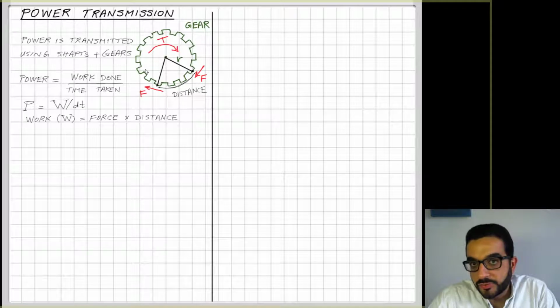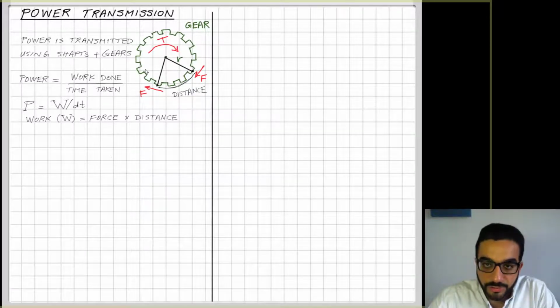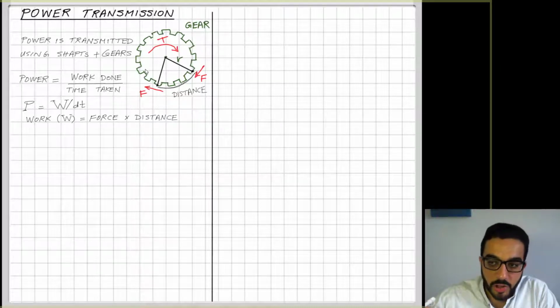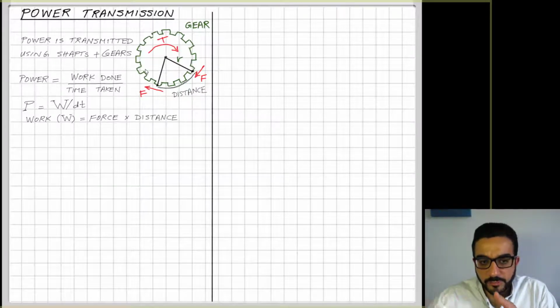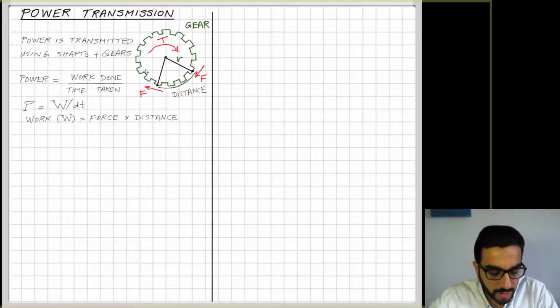The force in our system here is not the torque, it's actually the force that's caused by the torque. And this force travels through that kind of arc shape, which is the distance where the teeth of the gears are in connection, interacting together and causing that interaction force between them.